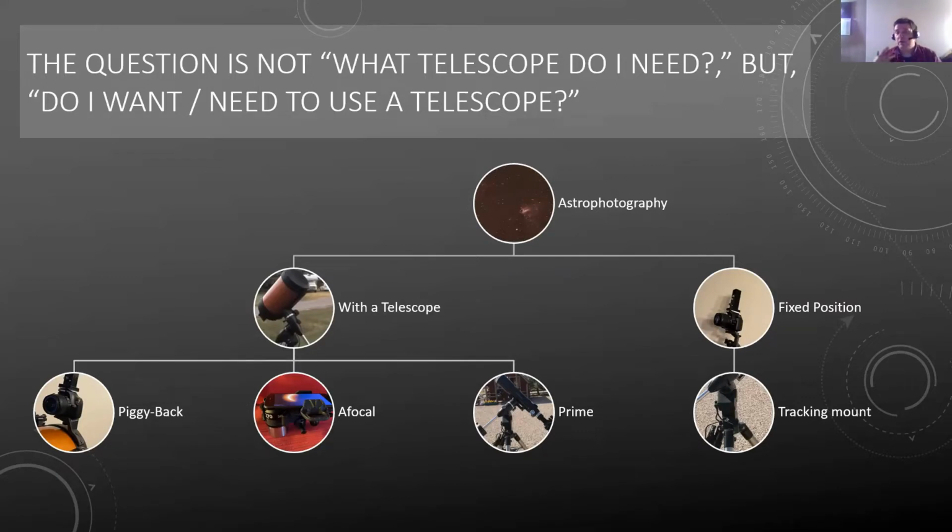And then there's what is called prime focus, where you're taking the eyepiece away and just attaching a camera directly to a telescope. So the telescope will be like the camera lens.